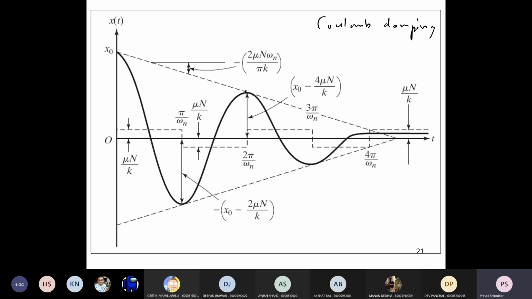So I'm sharing this second quiz that you have to solve on the chat box. Please open the form. And that's all for today.